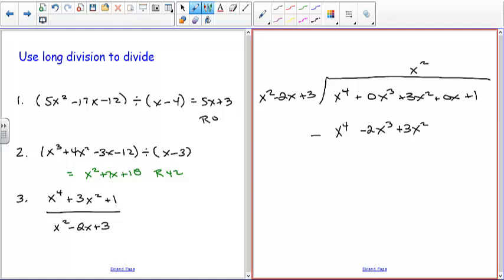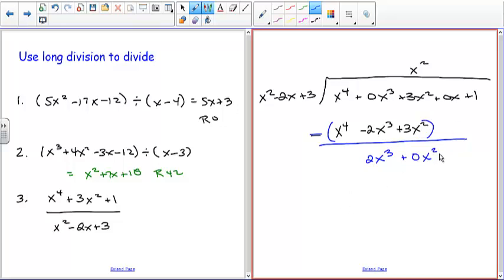I'm really subtracting that. So I've got this minus that, which is 0. I'm not subtracting 2, I'm adding 2. So I'm going to get 2x cubed. And this minus 3x squared is going to be 0. So I get 0x squared.